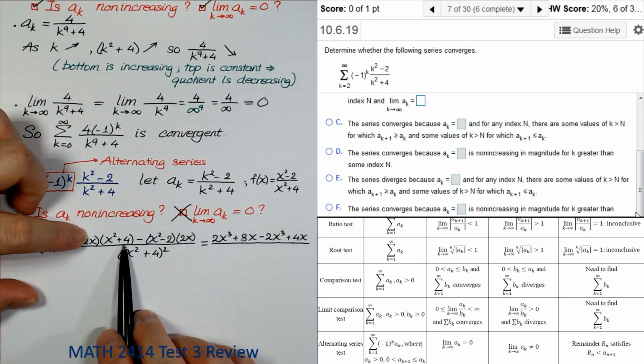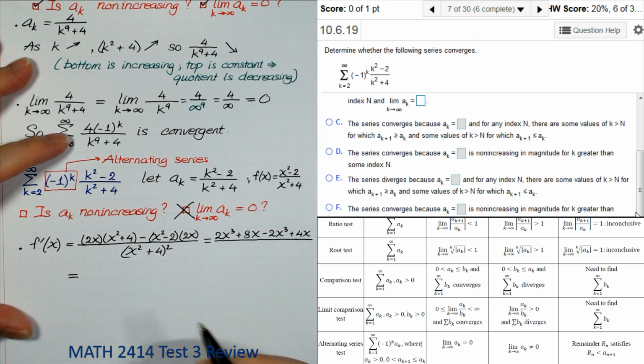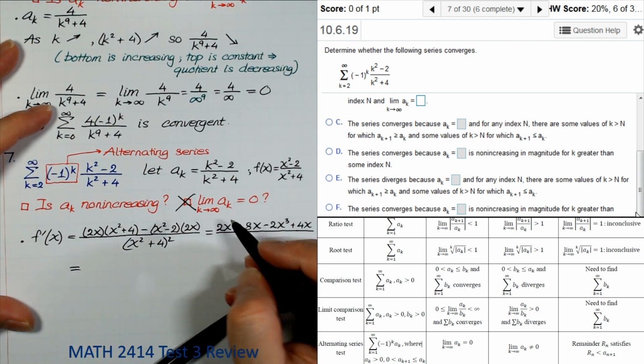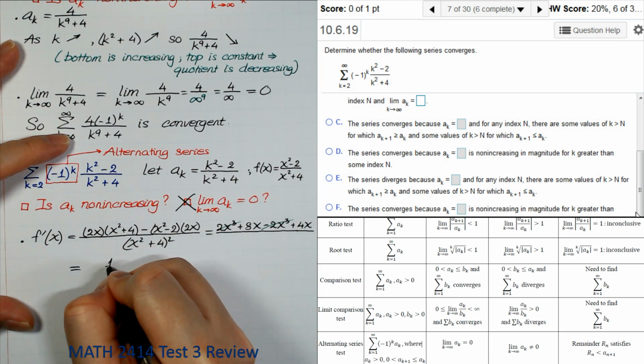The 2x cubed cancels out, and 4x plus 4x gives 8x.